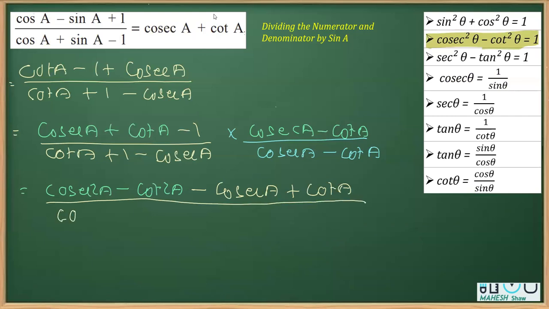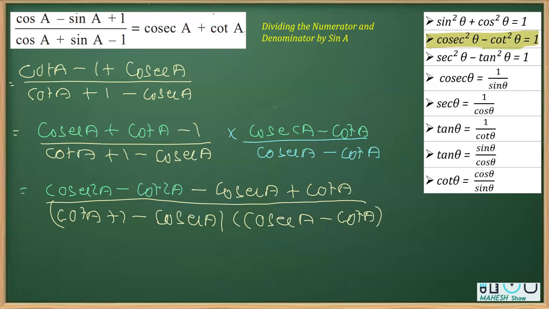So this is cot A plus 1 minus cosec A, closed in a bracket, and this is cosec A minus cot A.